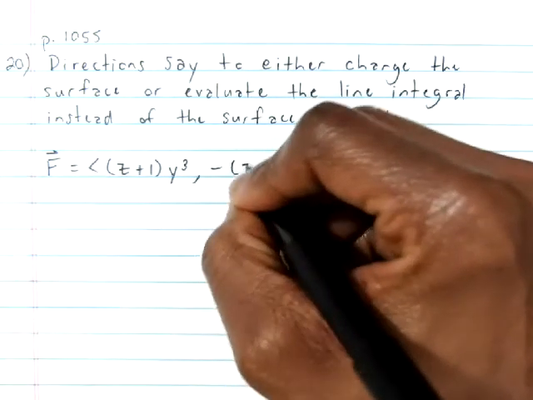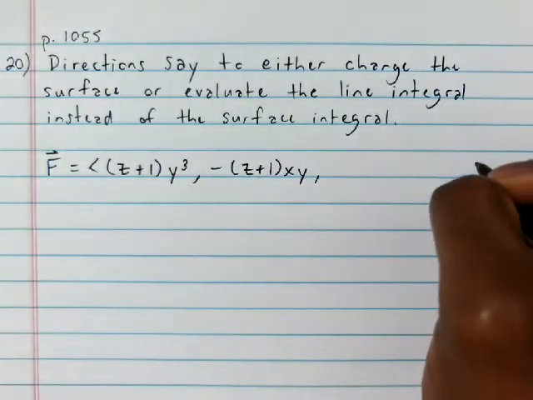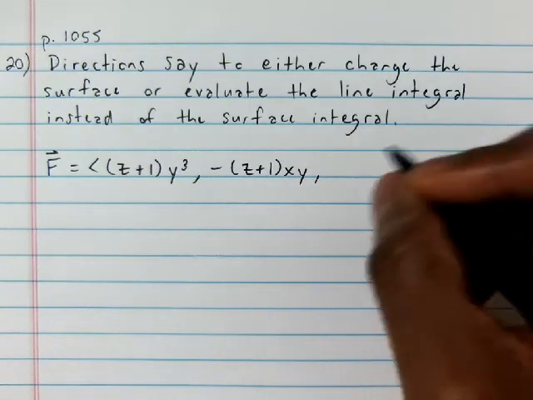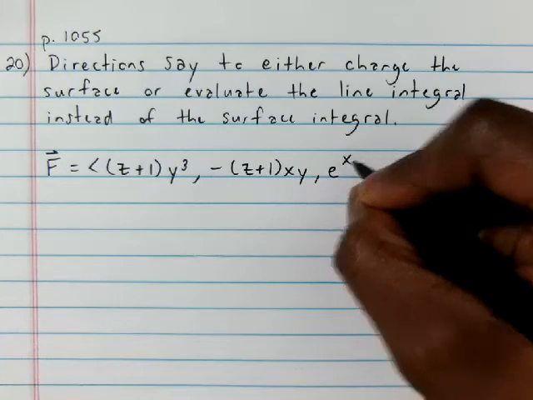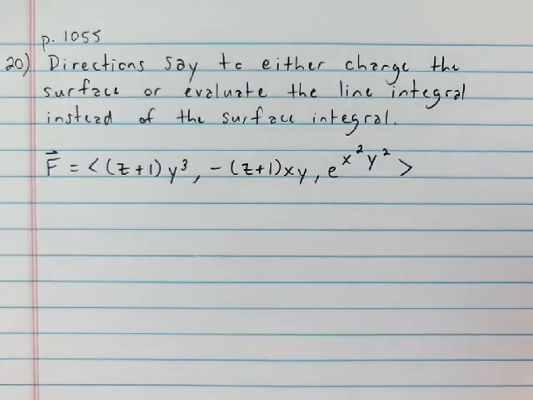So negative z plus 1 times xy. And lastly, e to the x squared times y squared. So that's the vector field.